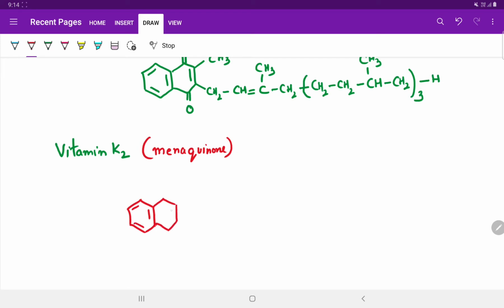First of all, let us draw it. You can clearly see here that this is the naphthoquinone ring and a methyl group is attached at this position. Then a long alkyl chain will be here.